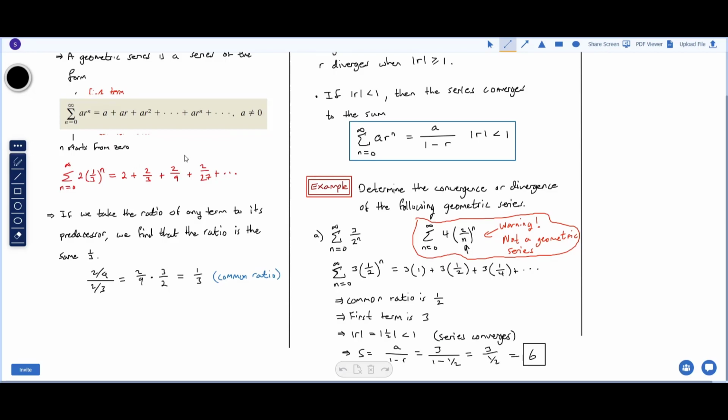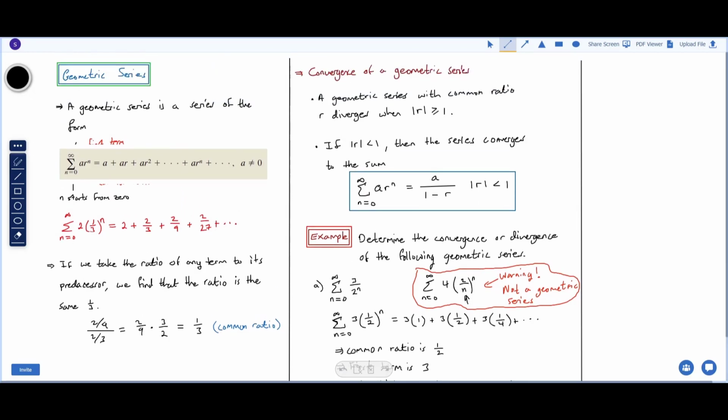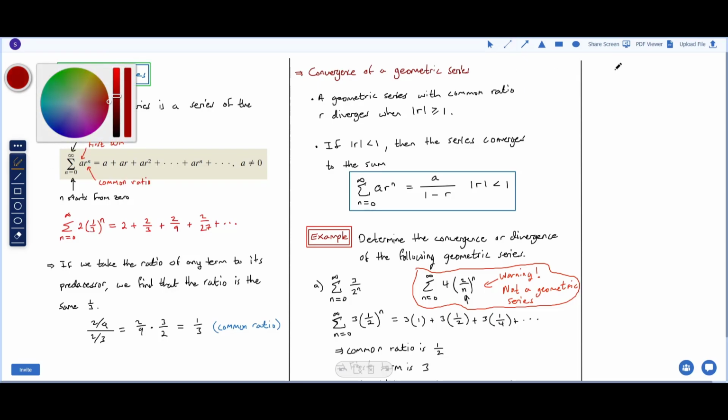Okay, so for this example, let's see. There's one more over here. Again, you have to determine whether or not it converges, and then state what it converges to.